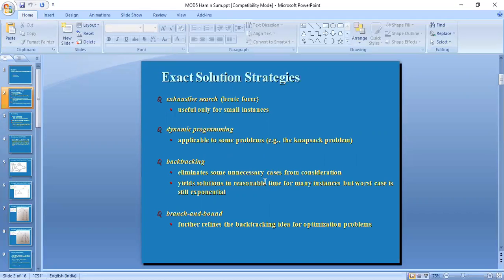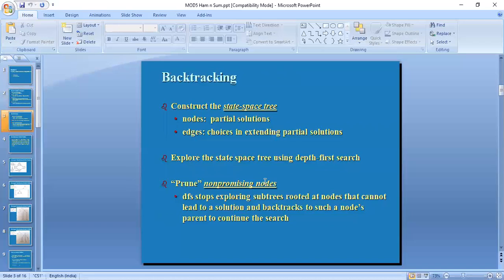Here the backtracking will be eliminating some unwanted cases. When you go ahead with backtracking, we are going to see it by constructing a state space tree.